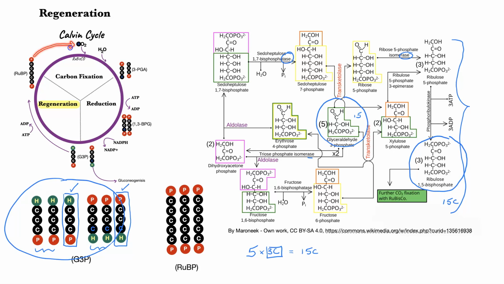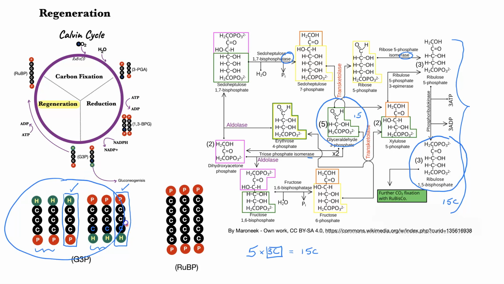So the idea, very simply, is that we do this as a single turn. Truthfully, we need 3 turns to produce enough carbons to theoretically produce 1 G3P, even though we're not making one. These carbons are just 1 carbon of each 3-carbon molecule.